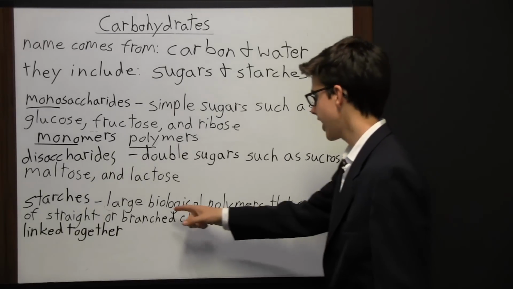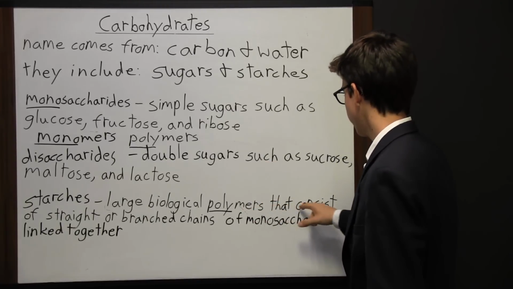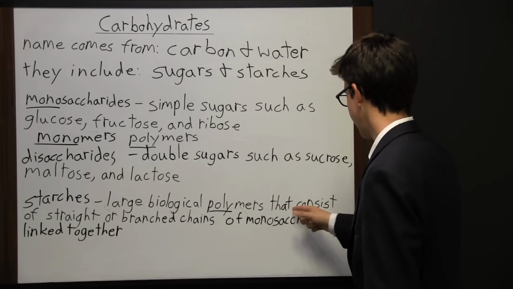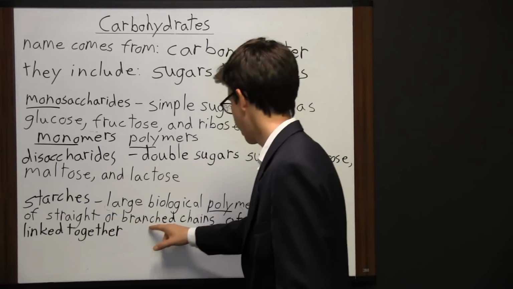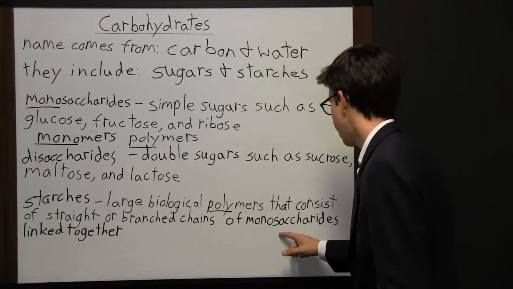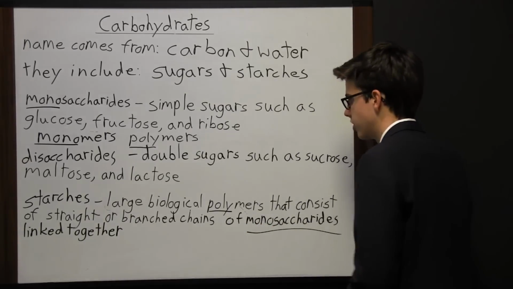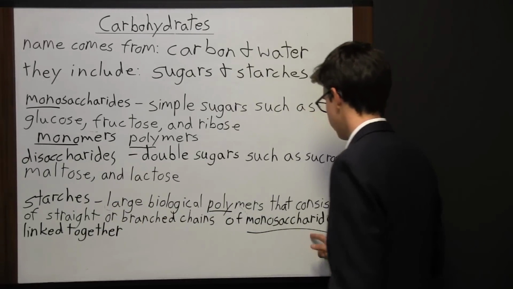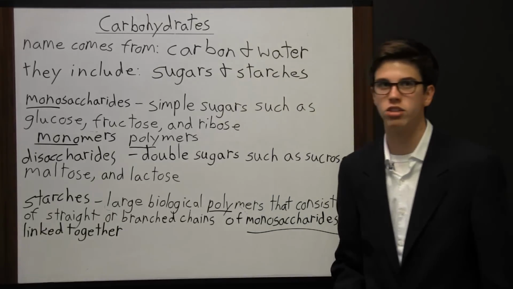And so we see that played out right here because these monomers join together to form polymers. And we even see that confirmed or spoken of again later in this definition. These polymers consist of straight or branched chains of monosaccharides linked together. So starches are basically made up of monosaccharides linked together either in straight or branched chains.